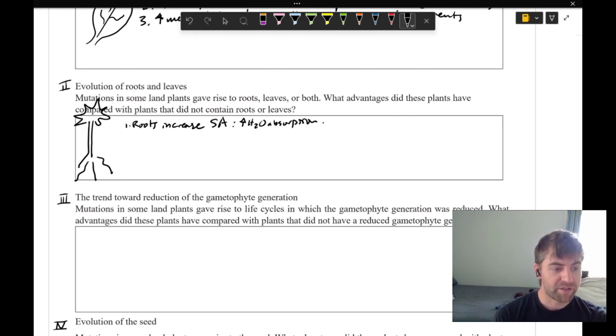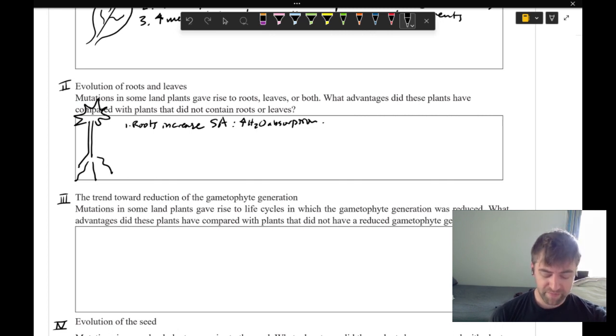It can also increase, well, they don't have this in the answer key, but it is another thing that it offers. We were talking about plants getting taller and being able to compete for sunlight better against the plants that were short, those shady plants.